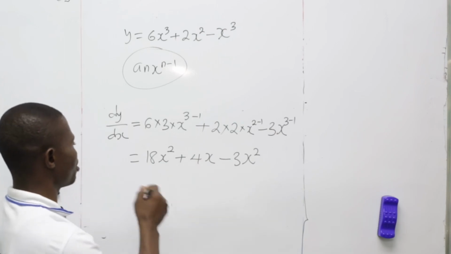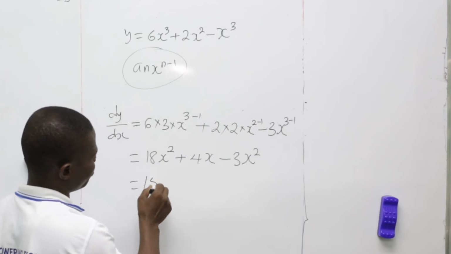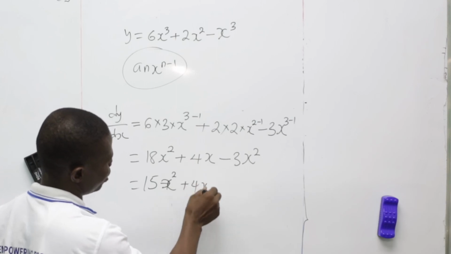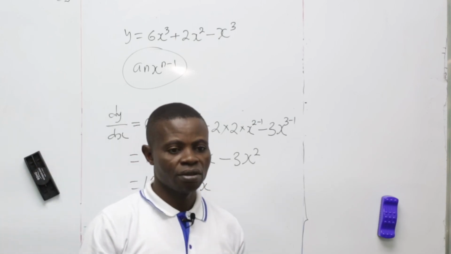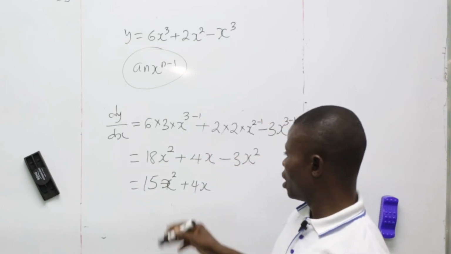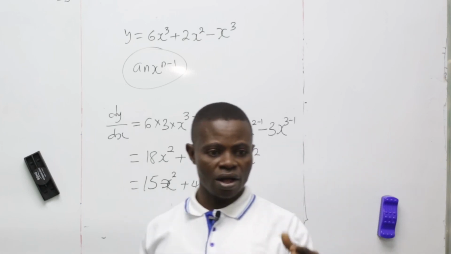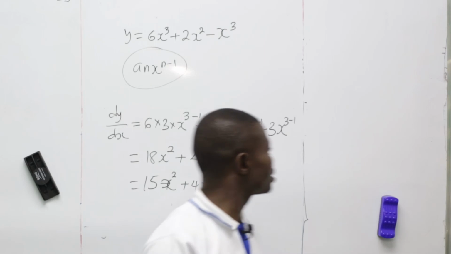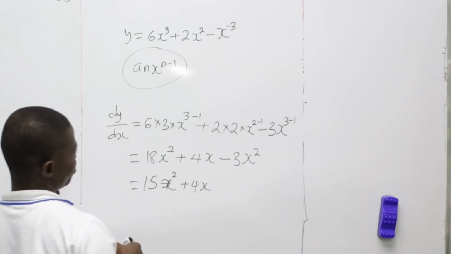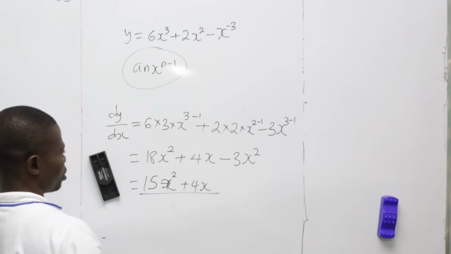This minus this will give us what? 18 minus 3 is 15, plus 15s squared plus 4x. Okay, that's the sign for this is minus 3. So based on plus, it will give us 15s squared plus 4.